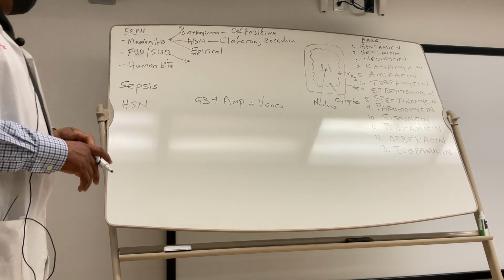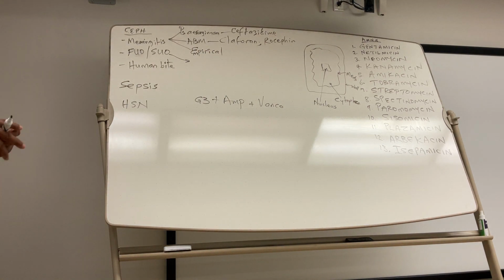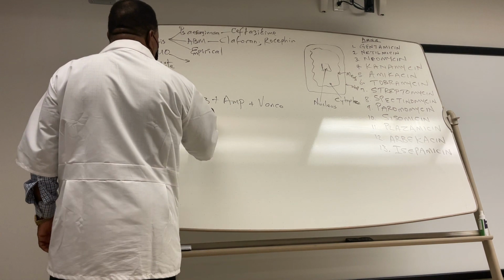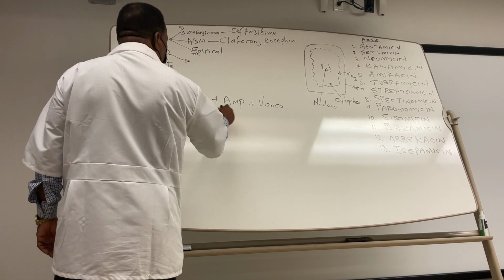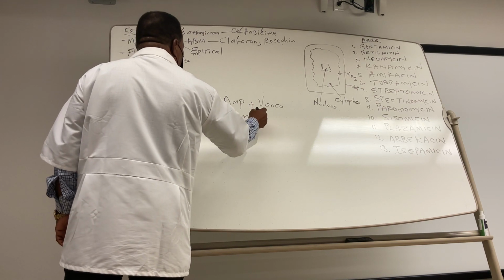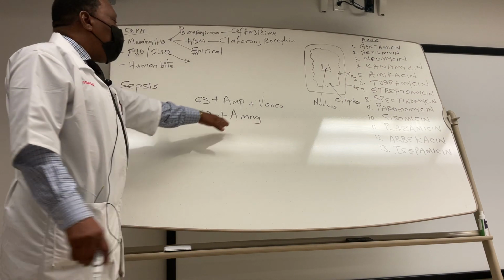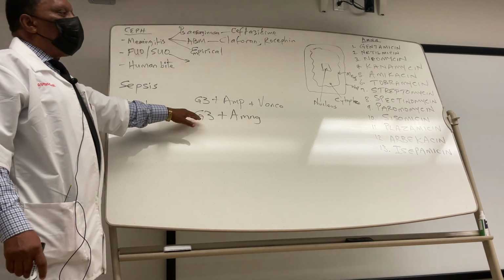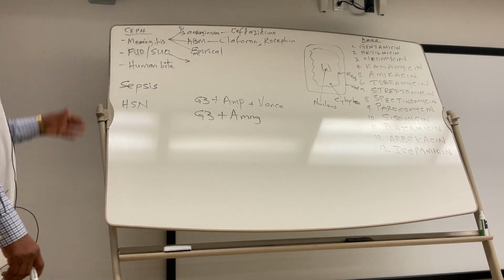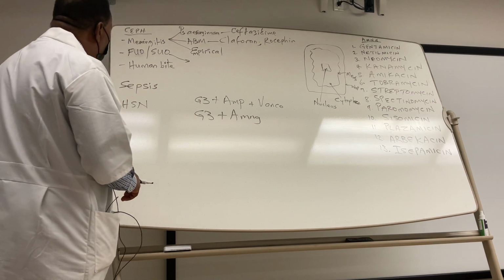Those would be your cephalosporins of choice, and you can combine either one of them with an aminoglycoside. So again, it's a G3 plus an aminoglycoside, taking advantage of the synergism that you can get with your aminoglycosides and beta-lactams. So that's what one will use.